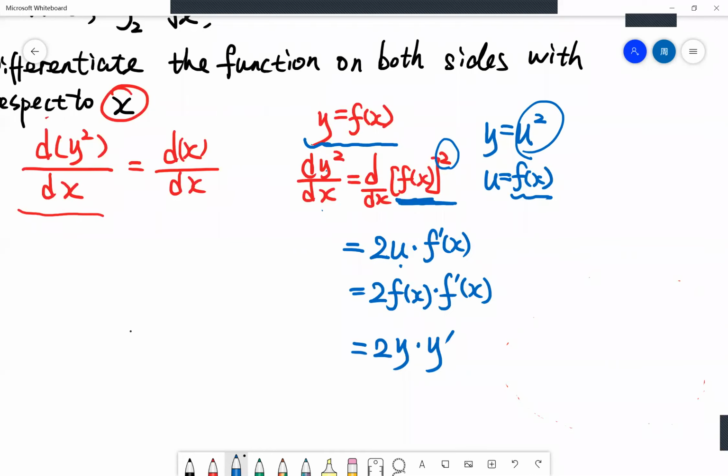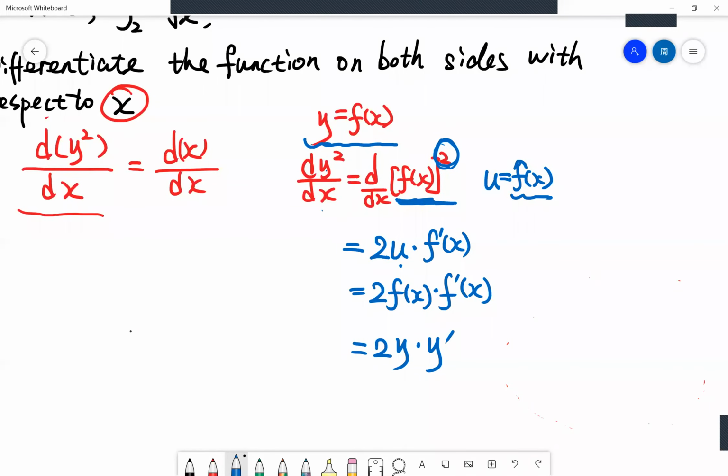Here maybe we cannot use y, because here is y. Maybe you can use another letter to represent it. So the outside is the power 2, and we use the chain rule from the outside to inside.